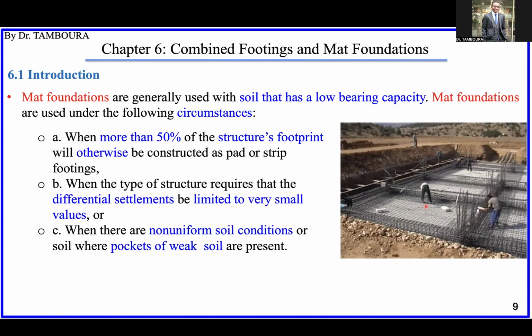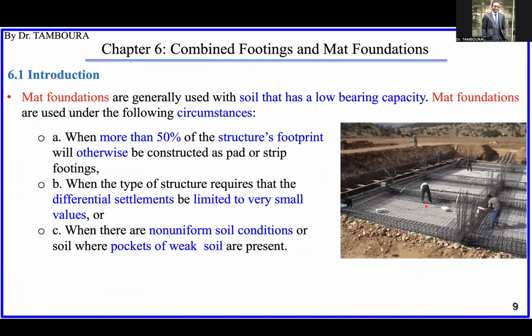And the last case when we go for mat foundation is when there is non-uniform soil condition, because sometimes soil changes even within 1 meter distance. Some job sites are very complicated. The soil changes too much.